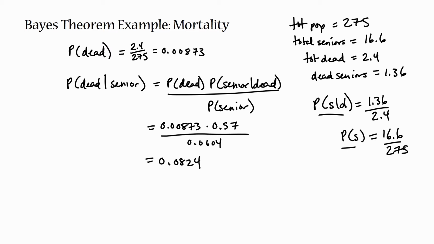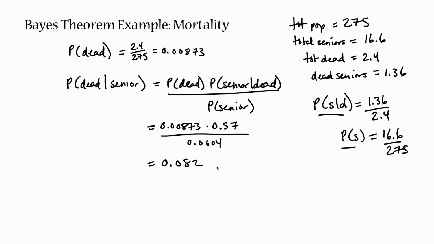And if I go back to my original information and just look at the death rate among seniors, which is dead seniors divided by total seniors, I can check that 1.36 million dead seniors out of all senior citizens is also 0.082.